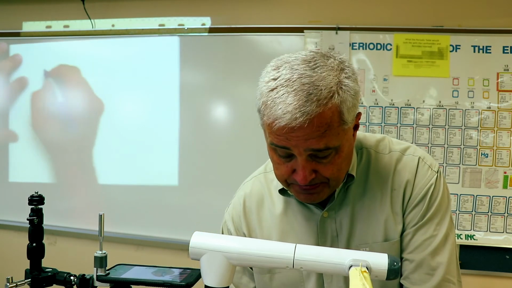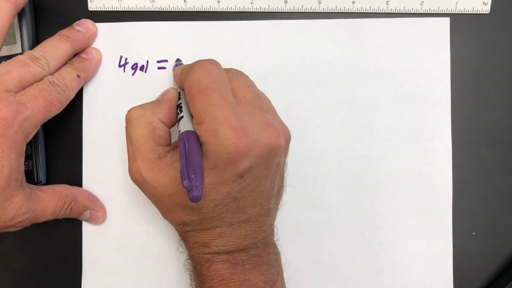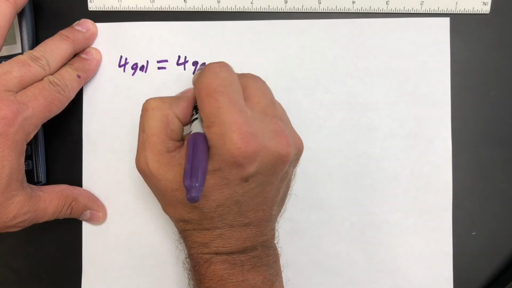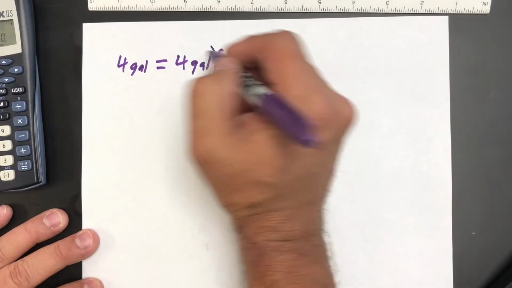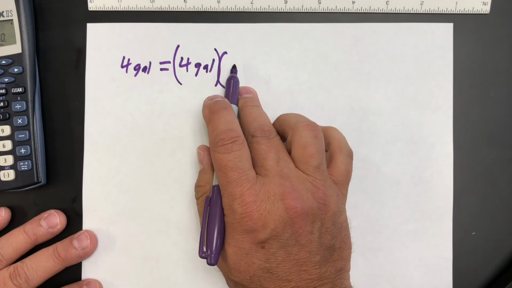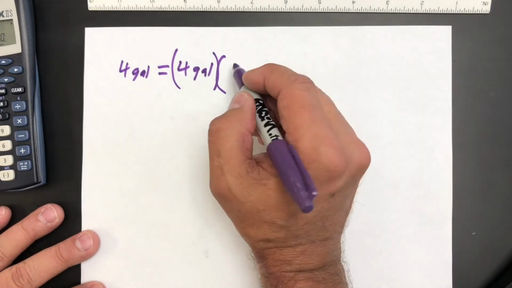You would say 4 gallons equals 4 gallons times, so let's put the brackets in for multiplying. I'm going to multiply it by 1. And the first thing I'm going to do is 4 quarts divided by 1 gallon.